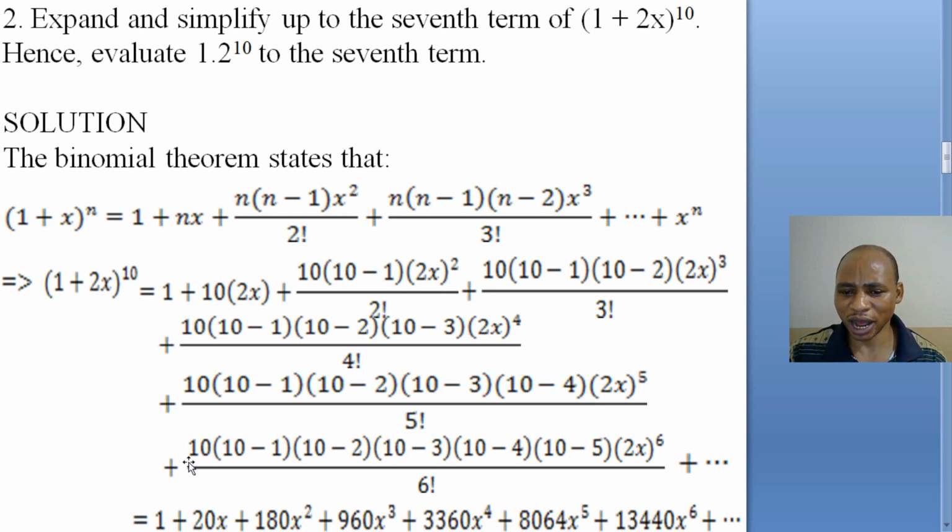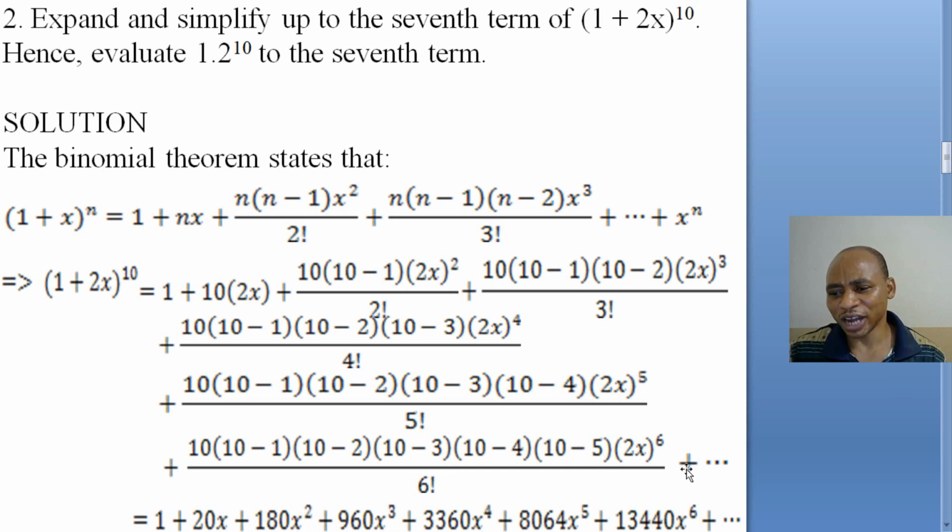Then all plus 10 times 10 minus 1 times 10 minus 2 times 10 minus 3 times 10 minus 4 times 10 minus 5 times 2x raised to the power 6, plus, all divided by 6 factorial.